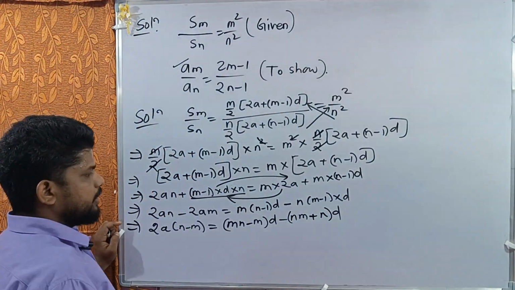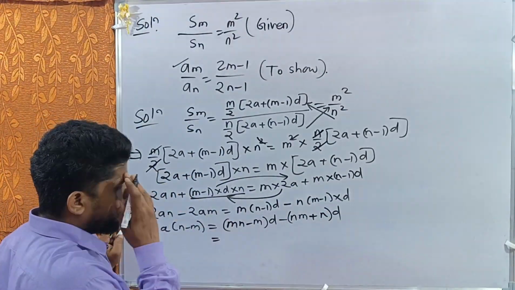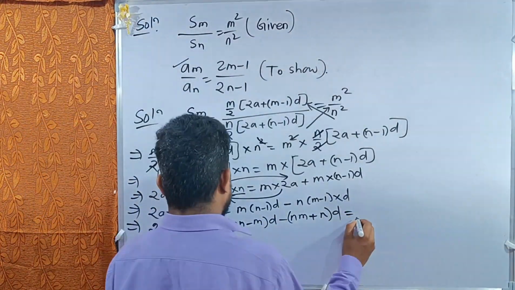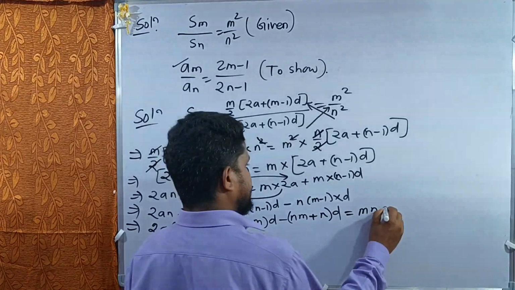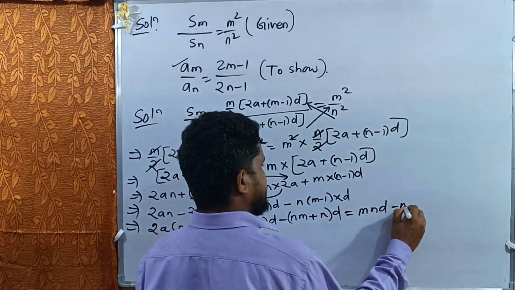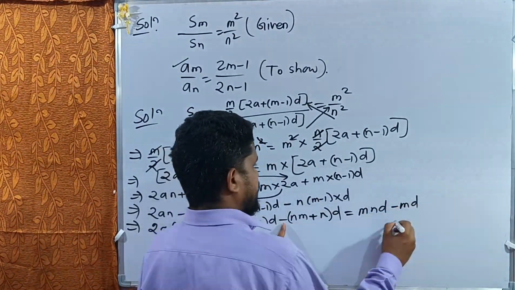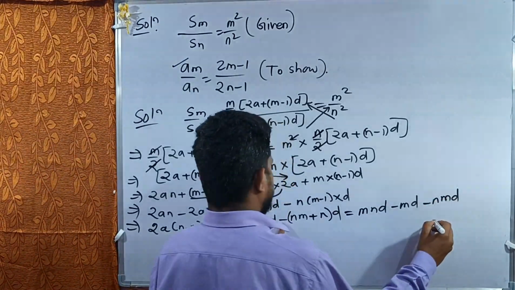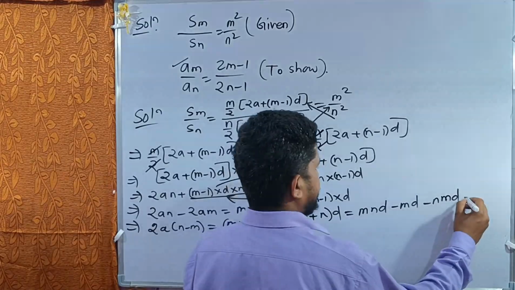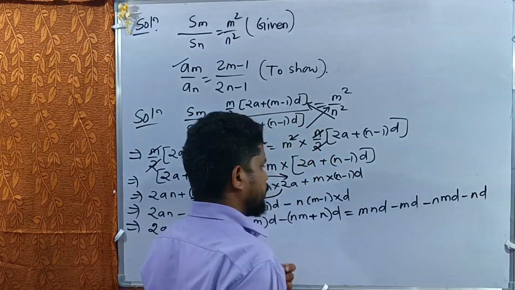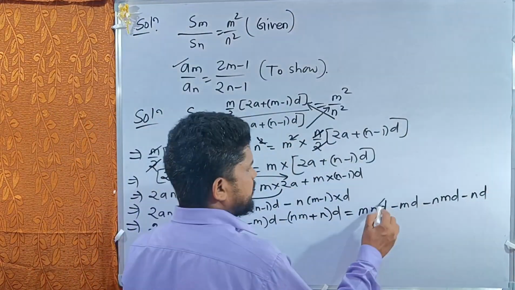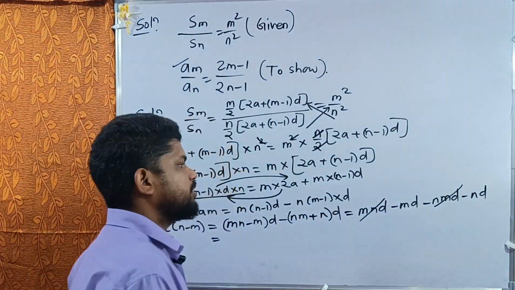On opening this bracket again, we get mnd minus md minus nmd plus nd. Here you can observe that mnd and nmd get cancelled out.